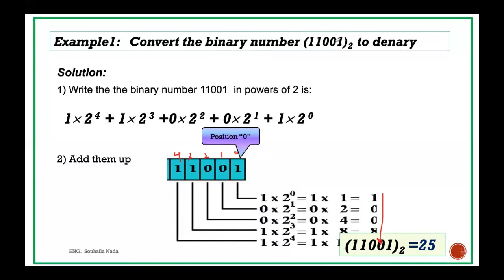So 11001 in the binary system is equal to 25 in the decimal system. From now on, if you would like to use 25, you can write 11001. If you would like to encrypt your data and you don't want your mother or father to know your telephone number or the data you would like to save, convert it to binary.